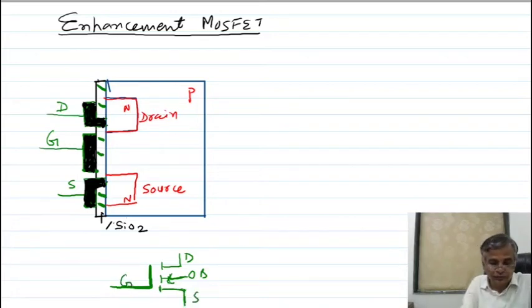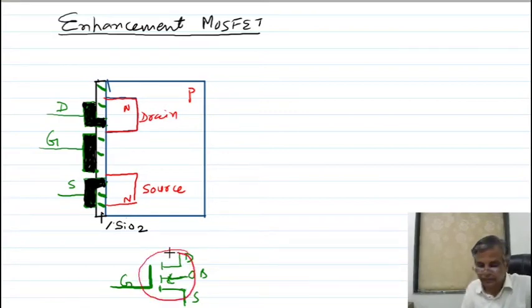So this is the symbol of an enhancement MOSFET. See, there is a broken line between drain and source. Broken, there is no continuous channel, so no straight line.